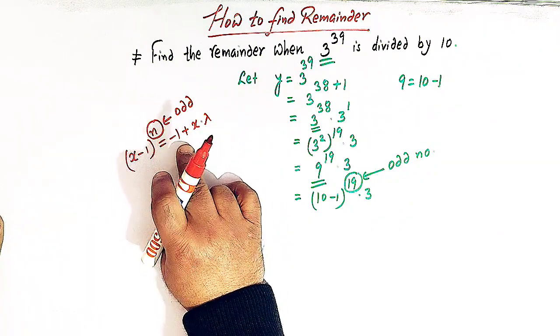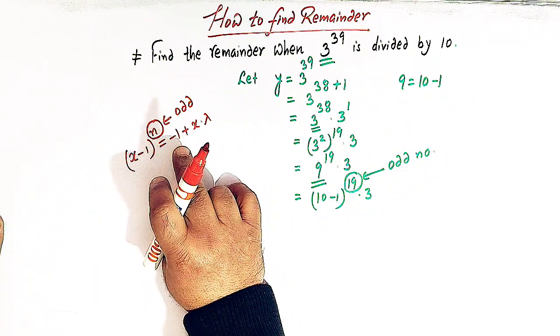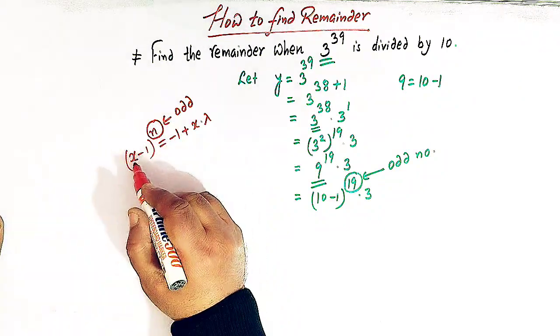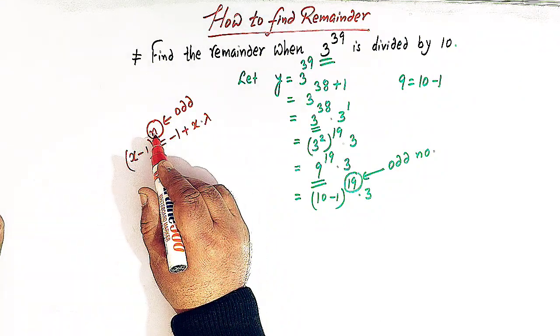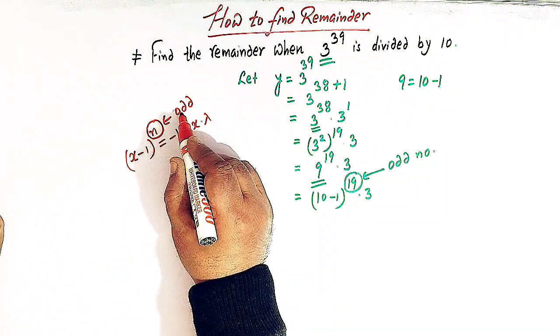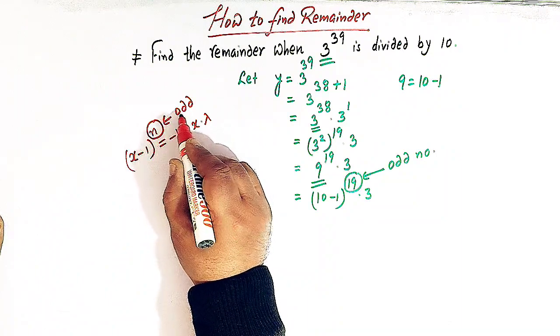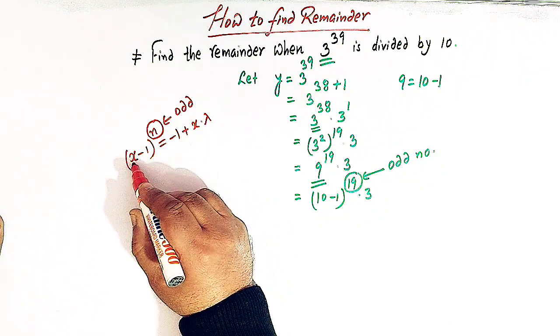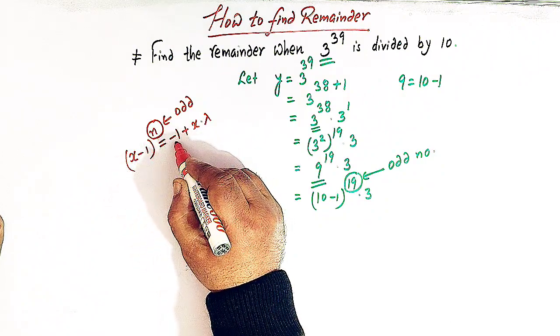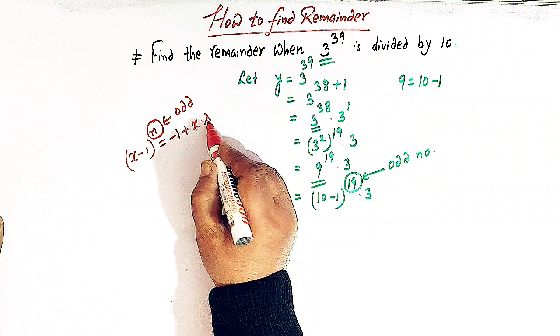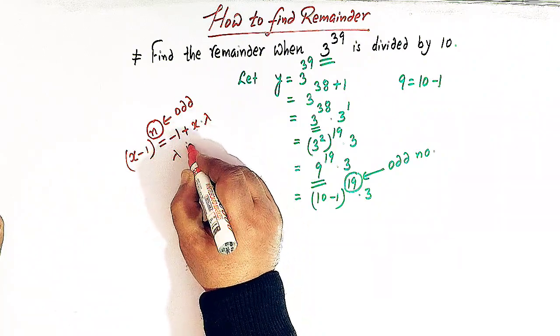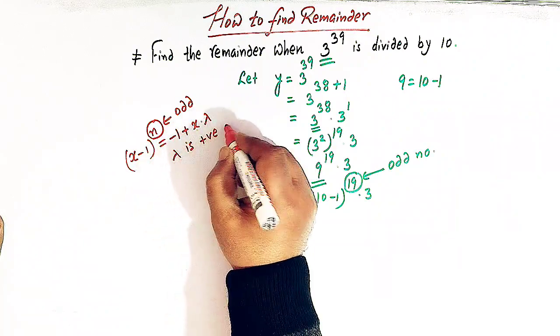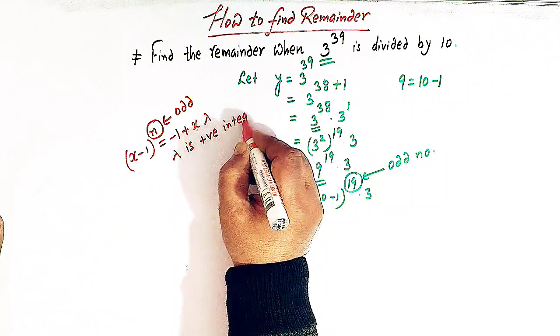We can prove it by using the concept of binomial theorem. So x minus 1 raised to n, when n is an odd positive integer, can be written as minus 1 plus x times lambda, where lambda is some positive integer, right?